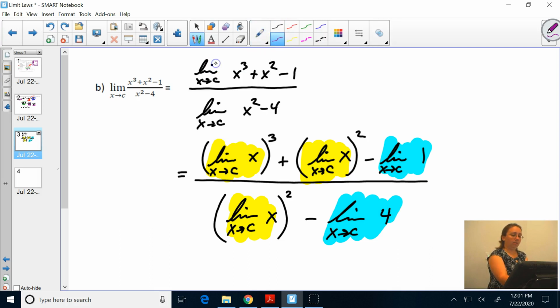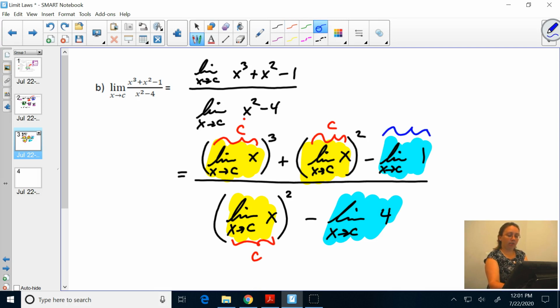So, what do these all become? The identities are all going to be whatever x is approaching. So these all become c, because x is approaching c. The constant functions are just going to be whatever the constant is. So the limit of 1 as x approaches c is 1. The limit of 4 as x approaches c is 4.